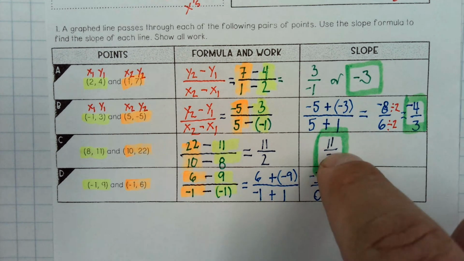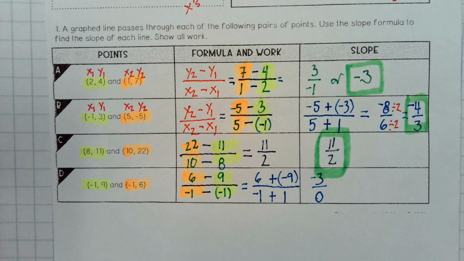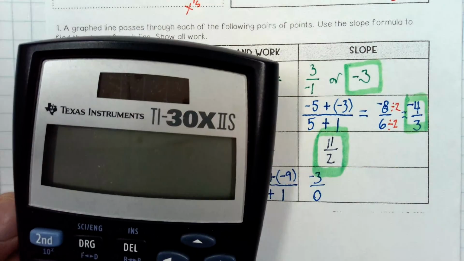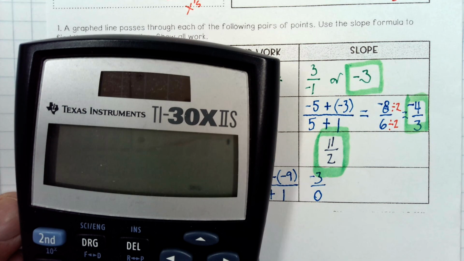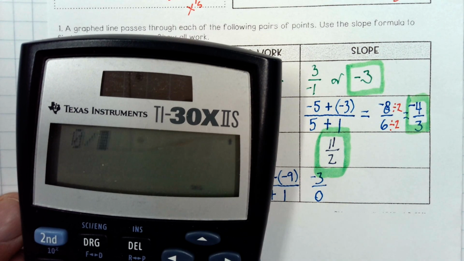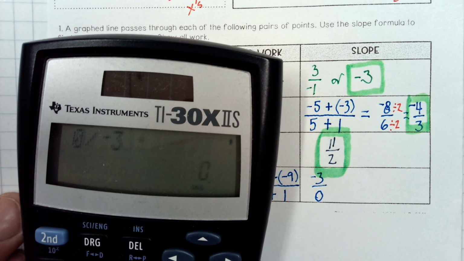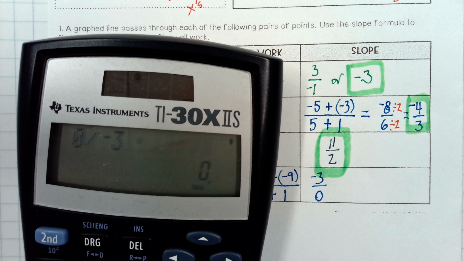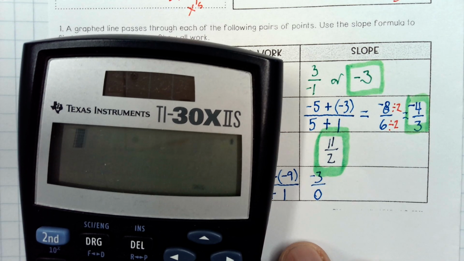Well, if I had 0 over negative 3, that's going to be 0. But I have the reverse of that, right? I have negative 3 divided by 0. What is that going to be?